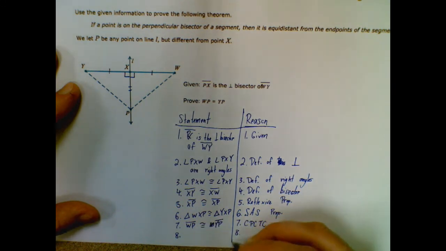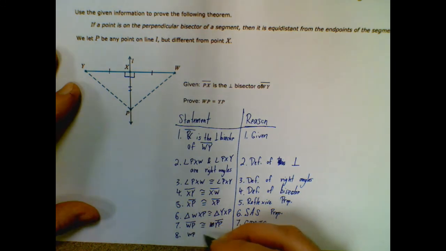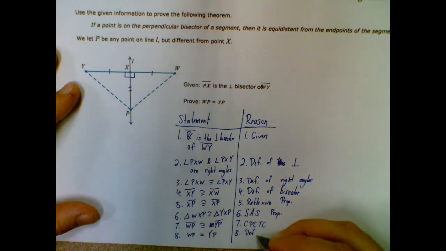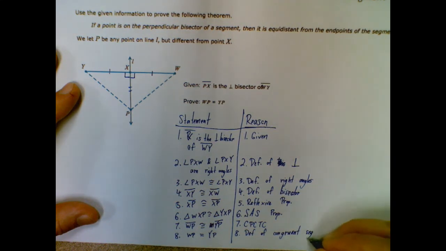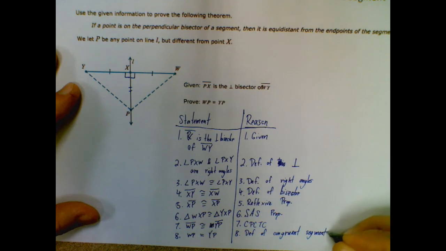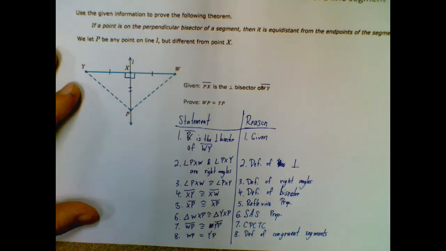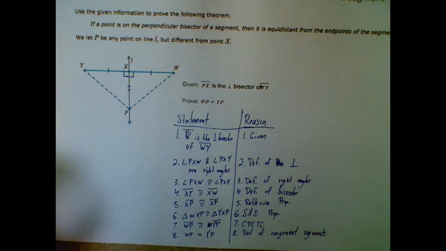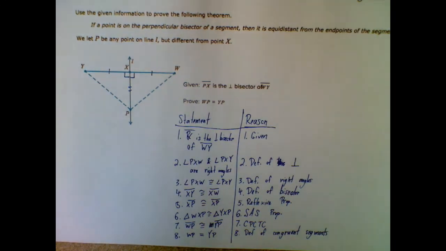Now I can say that the lengths are equal, so the lengths are the same through the definition of congruent segments. Okay, so a couple of steps that don't seem entirely necessary in there, but they are important. So we'll just go ahead and list them all out, and that's how that one will work.